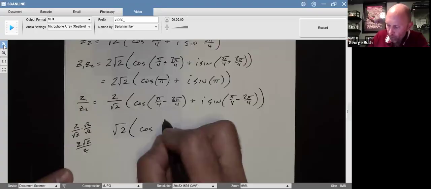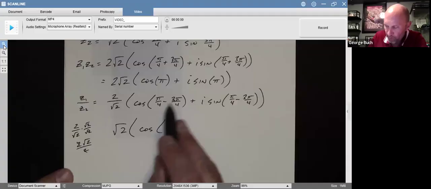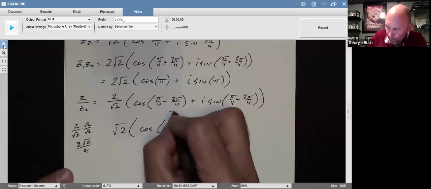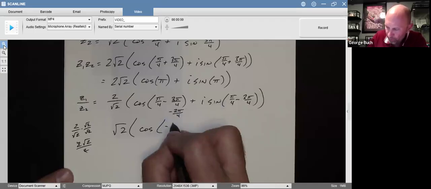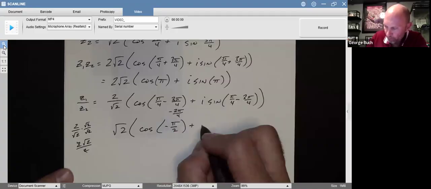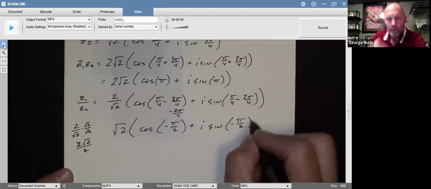And then cosine, pi over 4 minus 3 pi over 4 is minus 2 pi over 4, which if I divide by 2 is minus pi over 2, plus I sine of minus pi over 2.